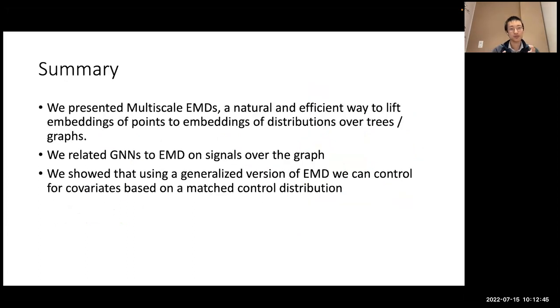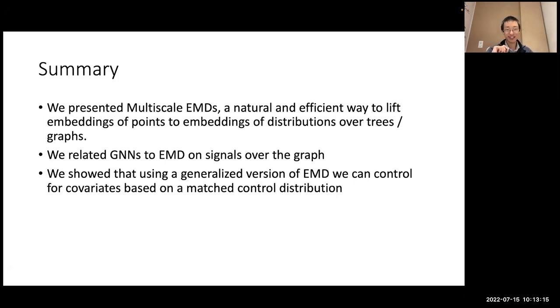Cool. So I presented some multi-scale earth mover's distances. Either you can do it on a tree or on a graph. And the way that you do this is embed it into L1. When you're doing it on a graph, it's very similar to graph neural networks where you're diffusing signals. So if you, for instance, did your scattering transform for one layer, so just your wavelet transform, and then did the weighted L1 distances, then you would actually be doing EMD between your signals.